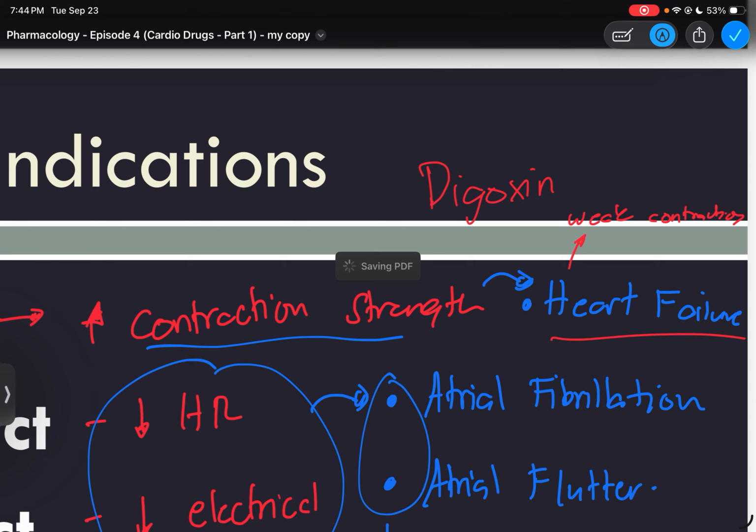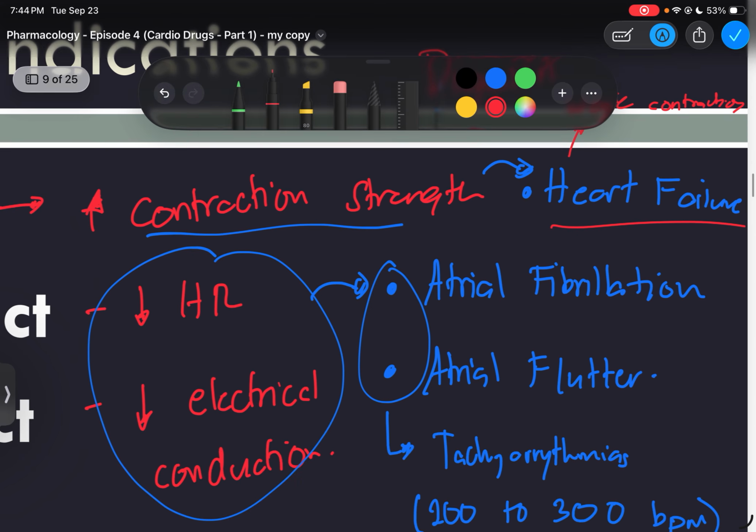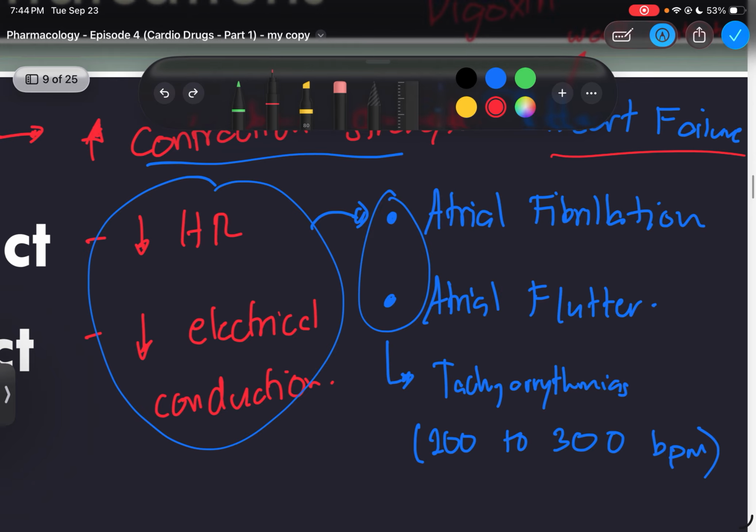While digoxin is also used, no, for atrial fibrillation and atrial flutter. Now, AFib and aflutter, no, these are what we call tachyarrhythmias. Basically, they are ECG patterns that are abnormal. When we say tachyarrhythmia, class, these are arrhythmias that are very fast, around 200 to 300 beats per minute.